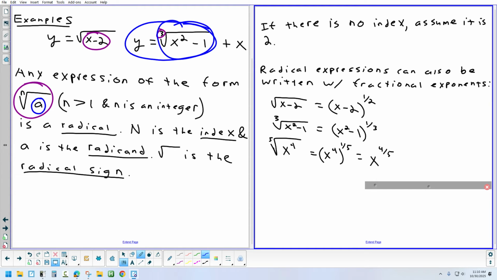Now, this you can't simplify anymore. When you have a binomial or a polynomial raised to a power, you do not raise each term inside to the power. That's not how it works. This one I could simplify because it was a monomial raised to a power. That's different. Any questions on that idea?